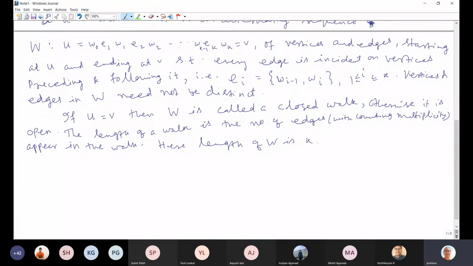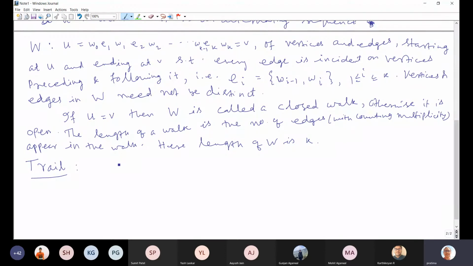Well, there will be some more definitions, particular cases of a walk. In a walk, you note that vertices and edges may repeat; they need not be distinct. But if in a walk all the edges are different, no repetition of edges, though vertices may repeat, that is called a trail in a graph.